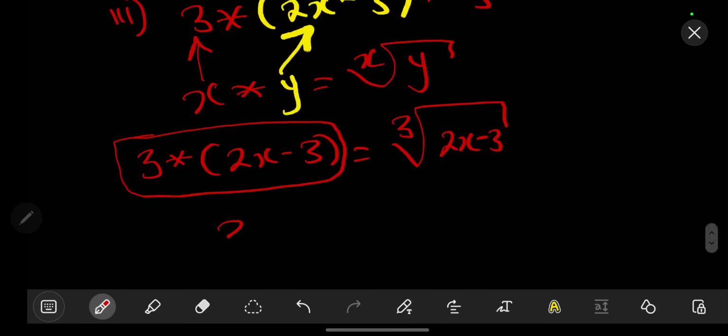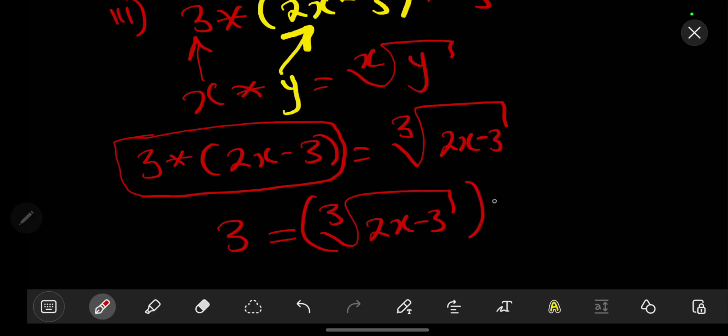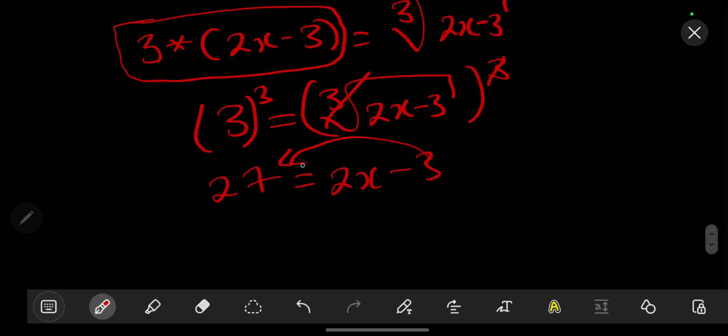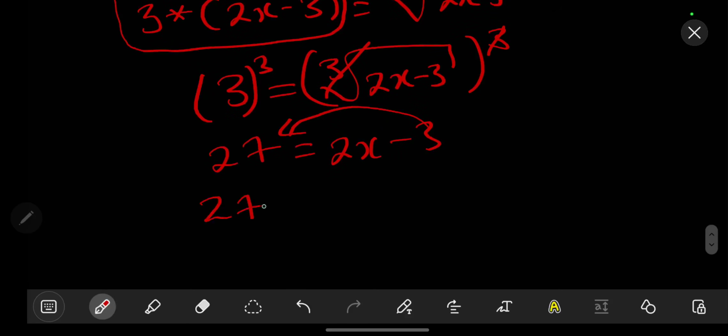So we are going to have 3 equal to the cube root of (2x - 3). Since this is a cube root, we raise to the power 3 on both sides. 3 raised to the power 3 gives us 27, which is equal to 2x - 3, as this cancels. Take the 3 to this side, we are going to have 27 + 3.